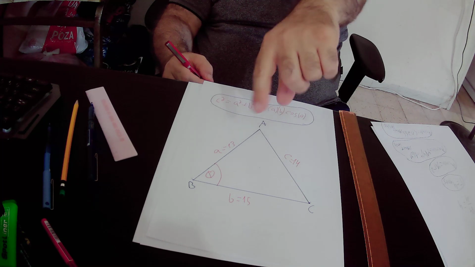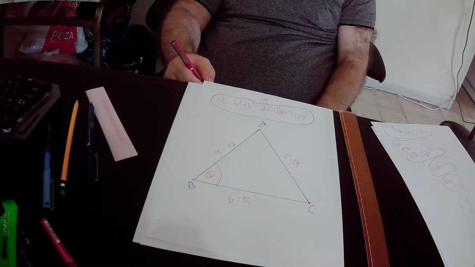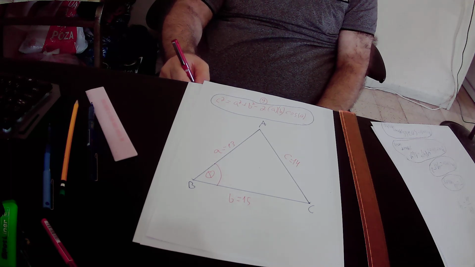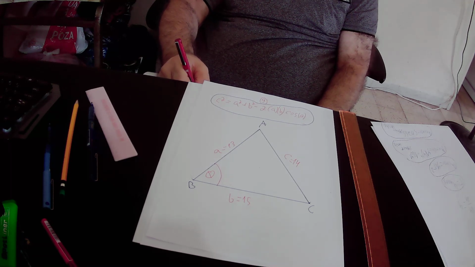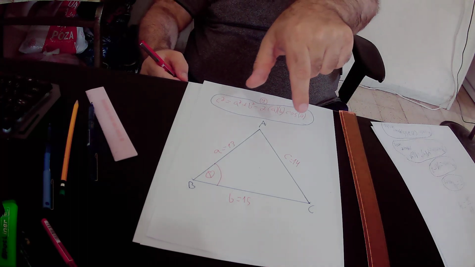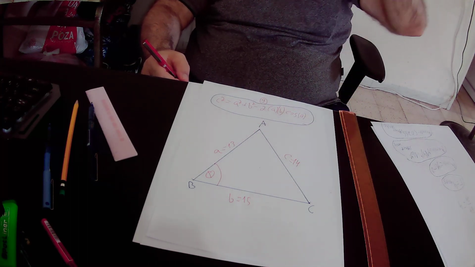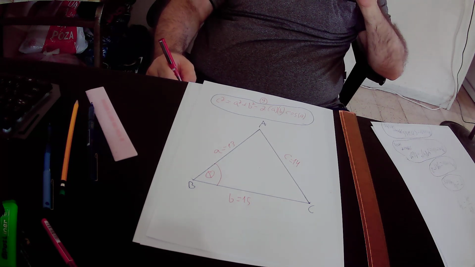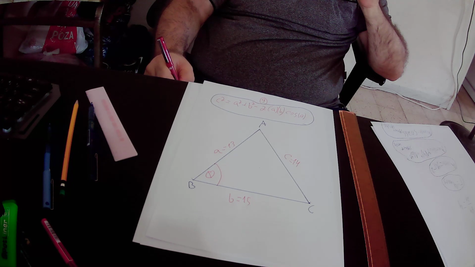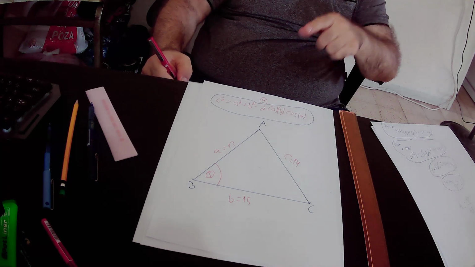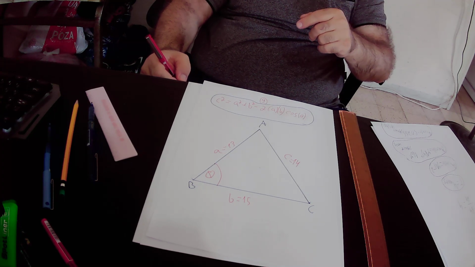A equals 13 units, so A squared is 13 squared, 13 squared is 169, plus B squared. B equals 15 units, so B squared is 15 squared, and 15 squared is 225, minus 2 times A times B times cosine theta.